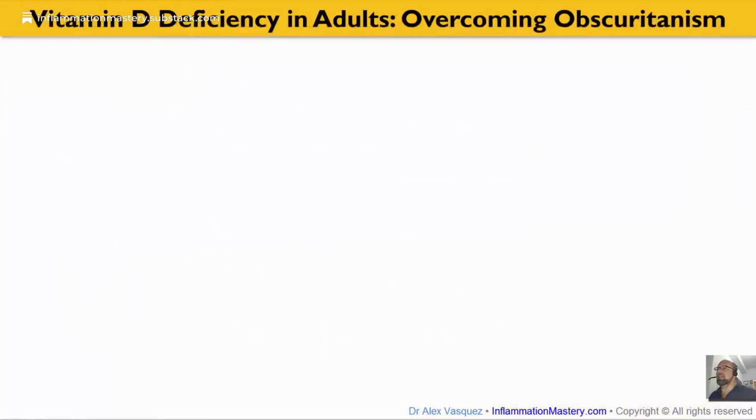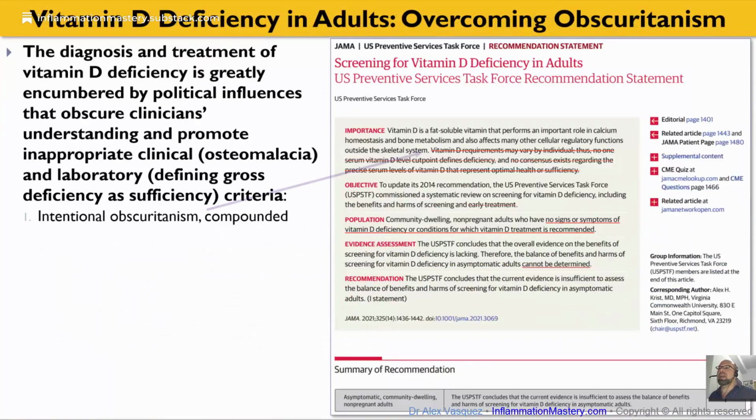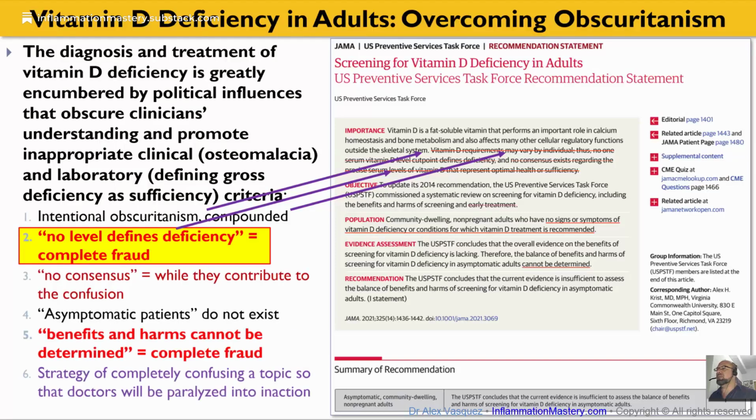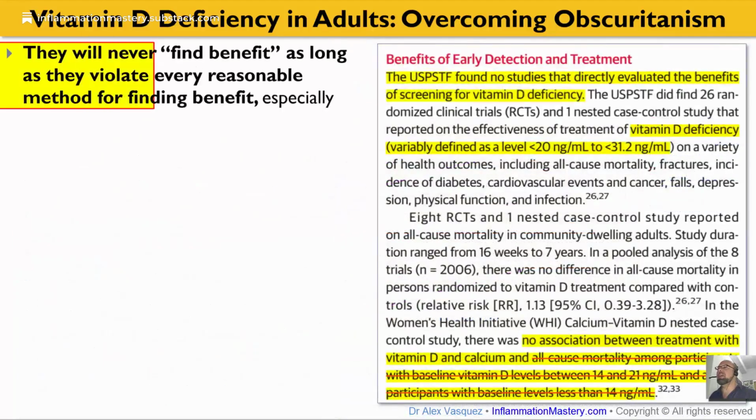You can see further evidence of this misunderstanding all the way to the present moment when we look at current guidelines for disease management, and especially those that center around the diagnosis of vitamin D deficiency. A quick look at the Preventive Service Task Force recommendation statement for screening vitamin D deficiency in adults, in my opinion, shows it to be completely fraudulent and based on misinformation.